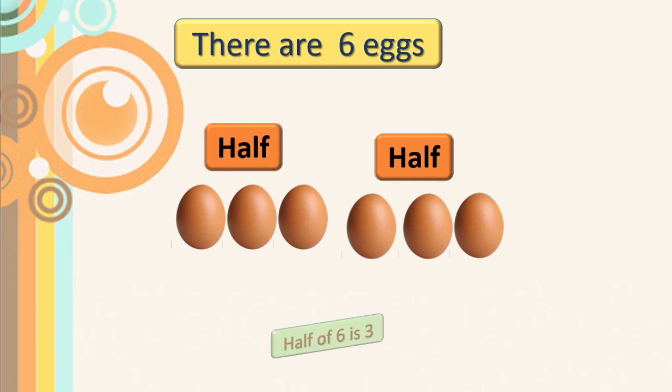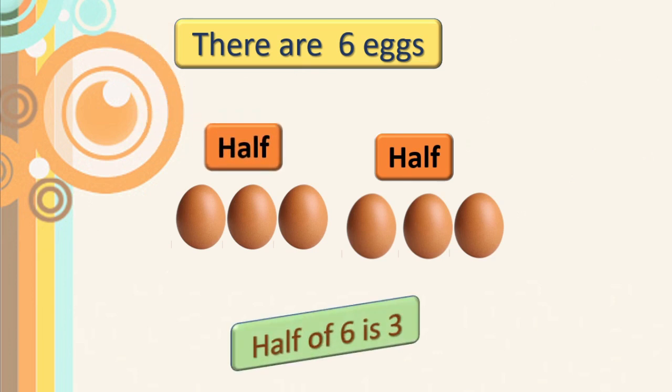Correct? Because half of 6 is 3. Right? If you have 6 chocolates, and your mother says give half of your chocolates to your sister, then how much do you have to give? 3. You will give 3, isn't it? So here half of 6 is 3.